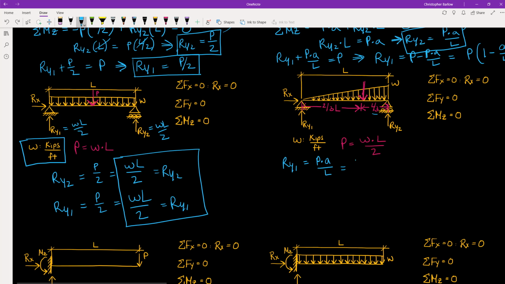P is now W times L over 2. A is now L over 3, and the whole thing gets divided by L. So now, solving the algebra here, one of these L's will cancel out, and we will be left with W times L over 6 for our RY1.